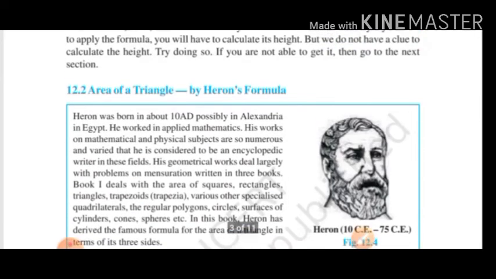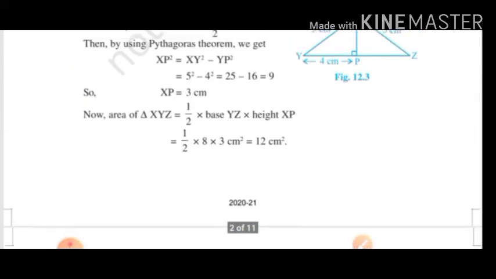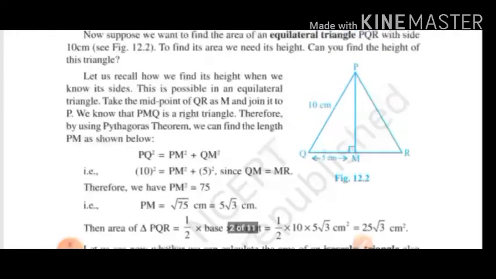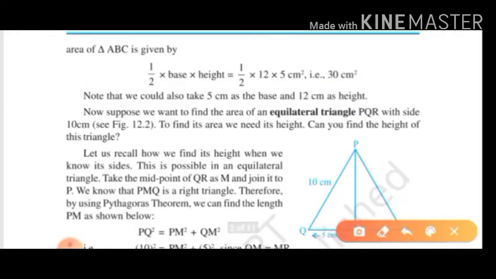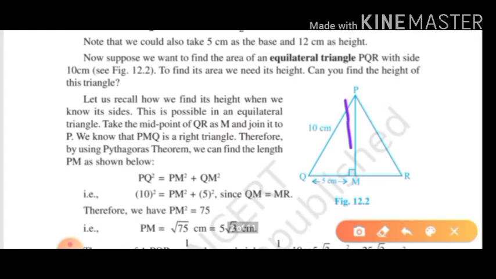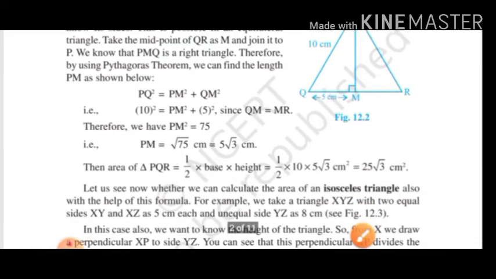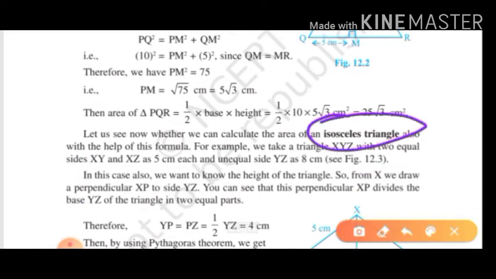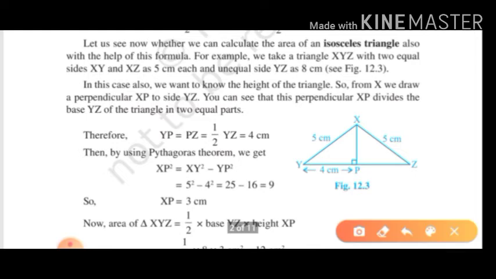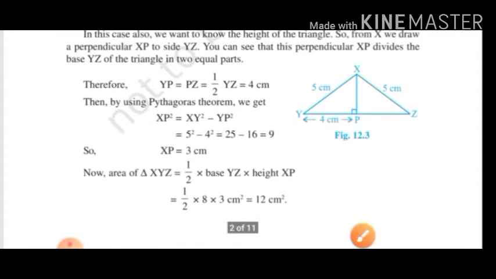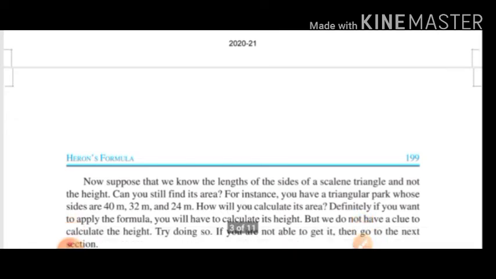Although you can go through all of this, how you can find the area of an equilateral triangle by drawing this perpendicular, and the area of an isosceles triangle the same way, by drawing a perpendicular from the top vertex, it becomes complicated.